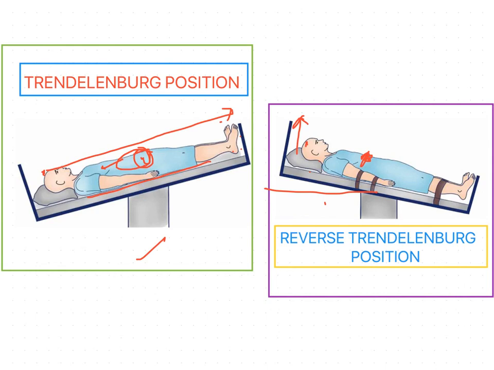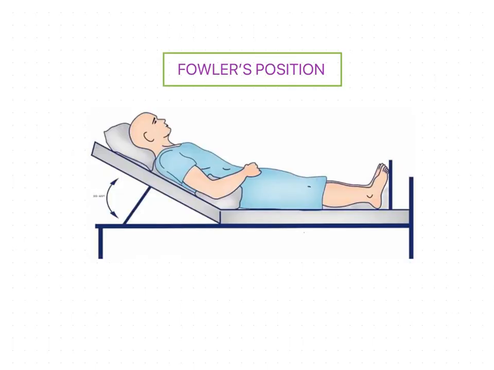Next we will move on to another clinically important position, that is called Fowler's position. It is a position sitting straight up or leaning backwards. This position is a slightly backward leaning position, or the person may sit in a straight way also.